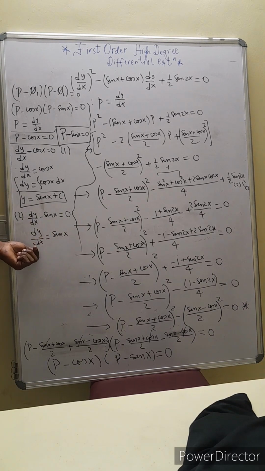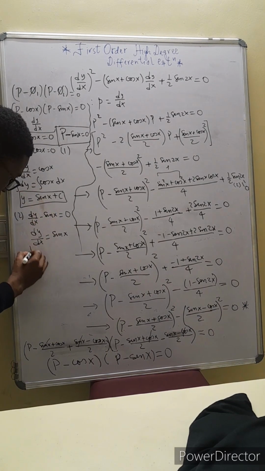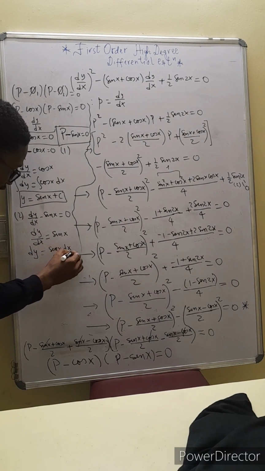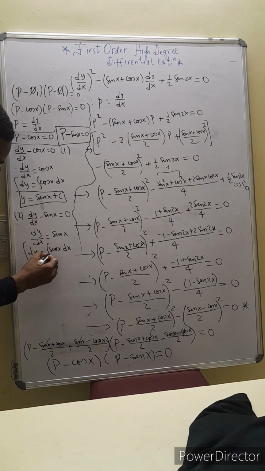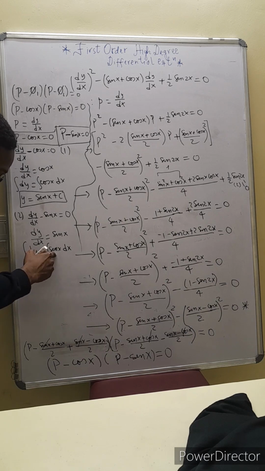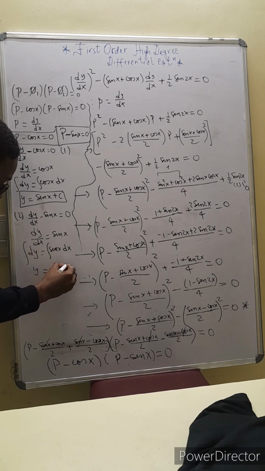Function of x can be separated with differentiation of x. So dy is equal to sin x dx. Now integrate both sides. What are you going to have? Y is equal to minus, integration of sinus is minus cosinus of x plus c.